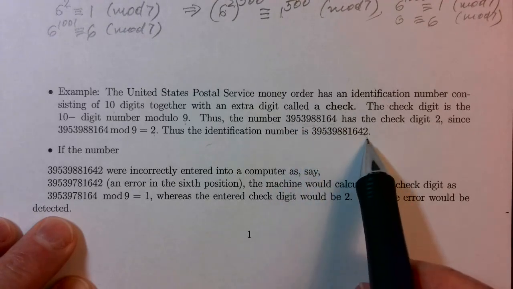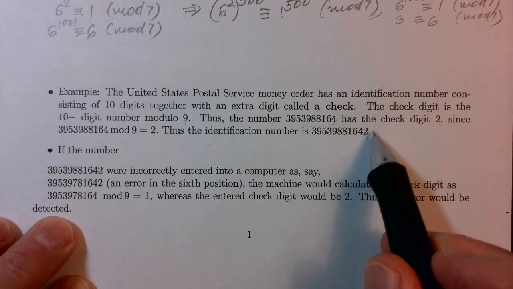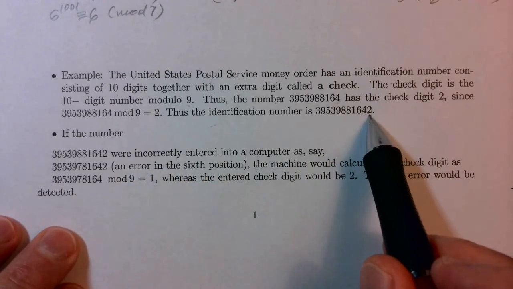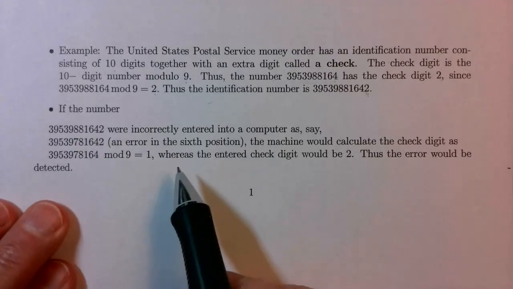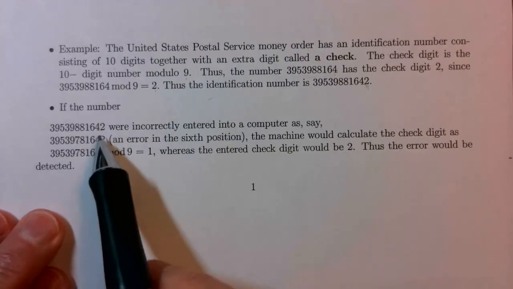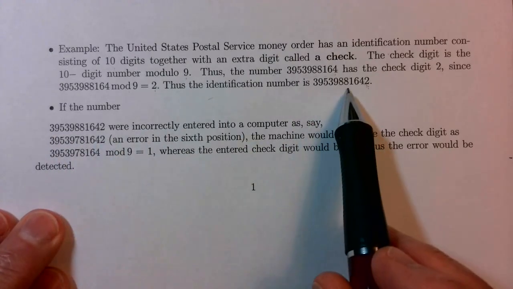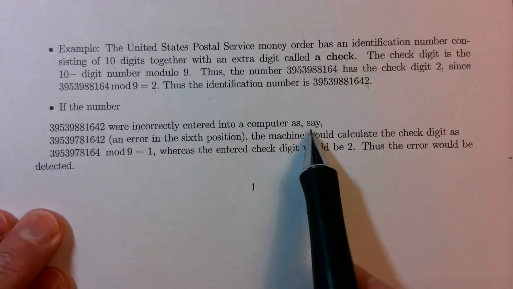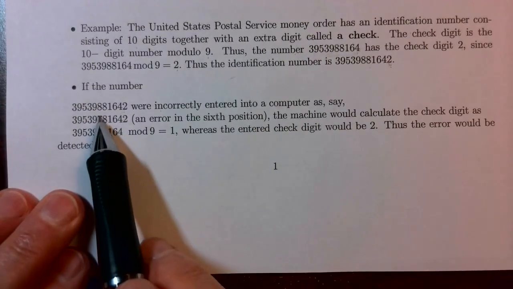And this is the identification number, together with the last digit. And this helps to catch some errors. For example, if this number were incorrectly entered into a computer as say this, you see here there's some difference.